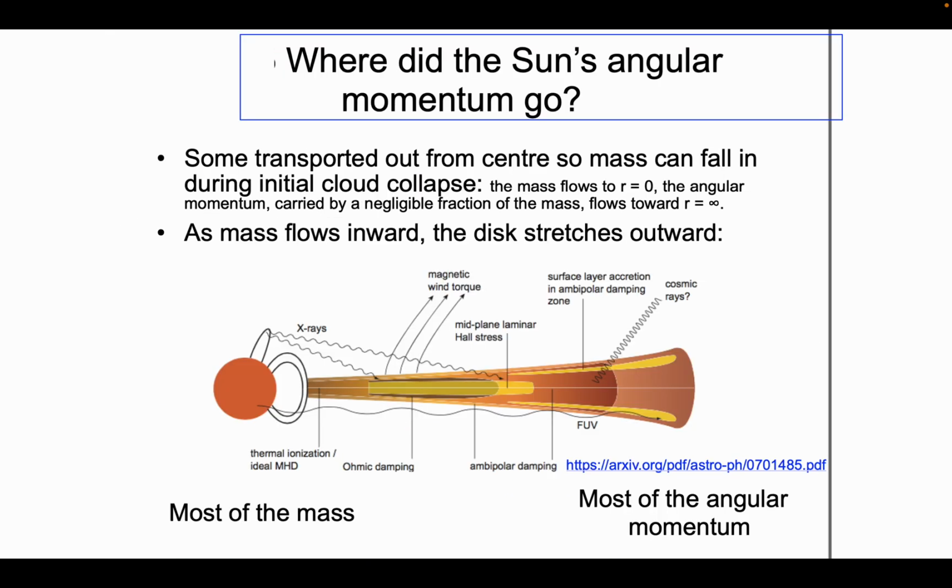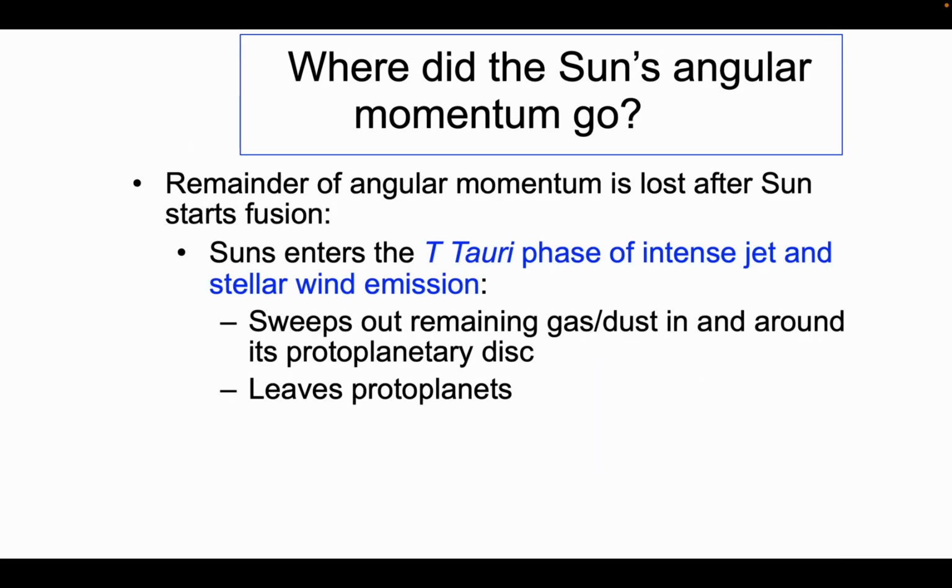It is believed that some amount of the Sun's angular momentum gets transported to the outer disk as the disk stretches. The remainder of the angular momentum is lost after the Sun starts fusion. The Sun enters the T-Tauri phase of intense jet and stellar wind emission. This sweeps out the remaining gas and dust in the protoplanetary disk.